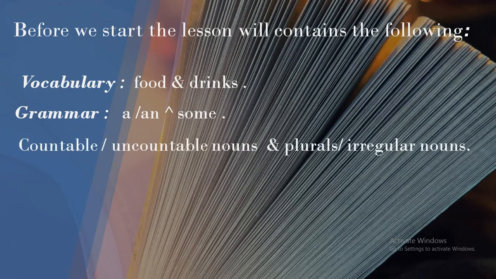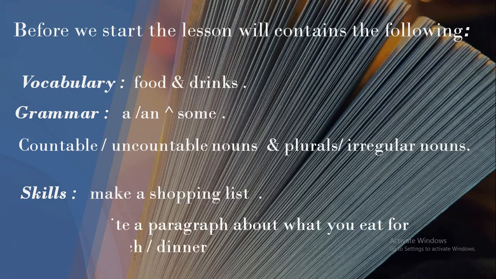Plus, you will see countable and uncountable nouns, plurals, and irregular nouns. For skills, you will learn how to make a shopping list. And the last one is writing. You will learn how to write a paragraph about what you eat for breakfast, lunch, and dinner.